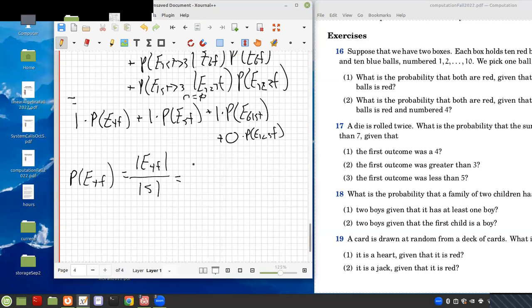Well, this is going to be the number of elements in the set 4,1, 4,2, 4,3, 4,4, 4,5, 4,6, over 6 times 6 is 36. Well, if a 4 is first, the second one is then independent. So that's 6, right?